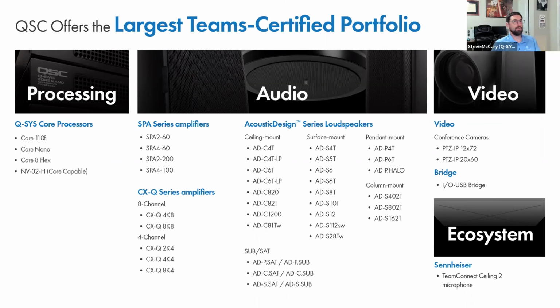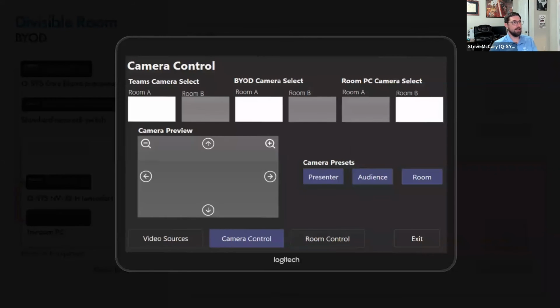Hey, Coy, are you still in the slide deck? I am. Okay, can you back up to slide 24, because we have a question about having the Teams interface switch cameras, and we actually have a slide that shows it. There you go. Yes, on the second page you can put camera controls. You can even do it by bridge, which is what we're showing here.